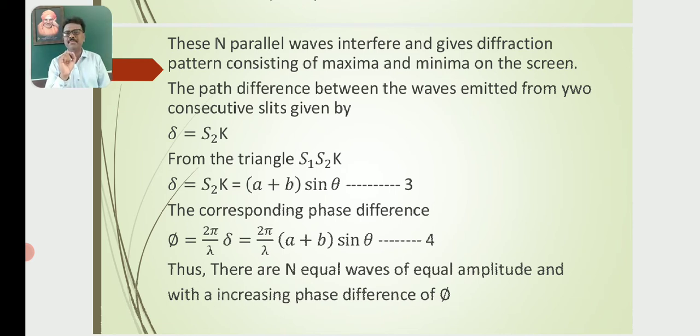Let this be equation number 3, where a plus b is known as the grating element, a is the width of the transparent space, and b is the width of the opaque space.